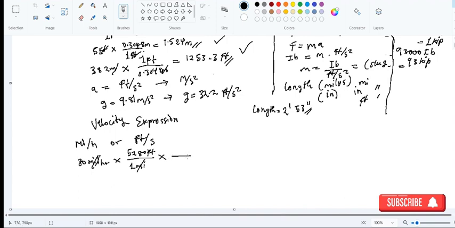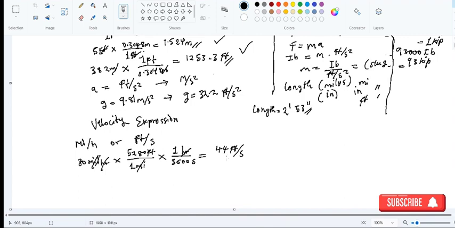Then we want to convert the hours to seconds. 1 hour is equal to 3600 seconds. So we get rid of hour, and we'll be left with feet and second at the bottom. Evaluating all this, we get 44 feet per second.